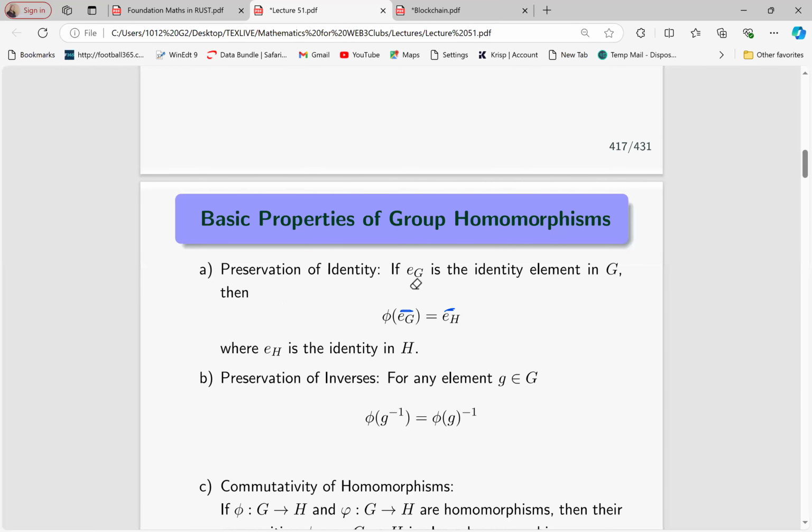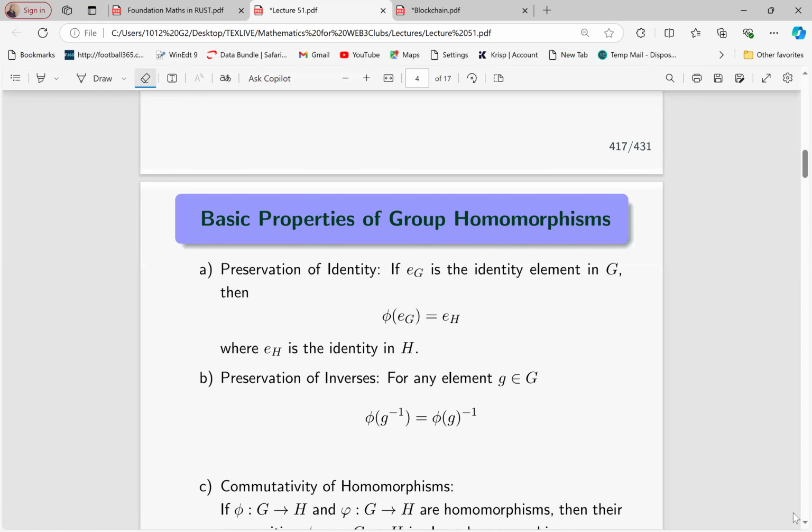So the identity element is preserved with the same identity element.